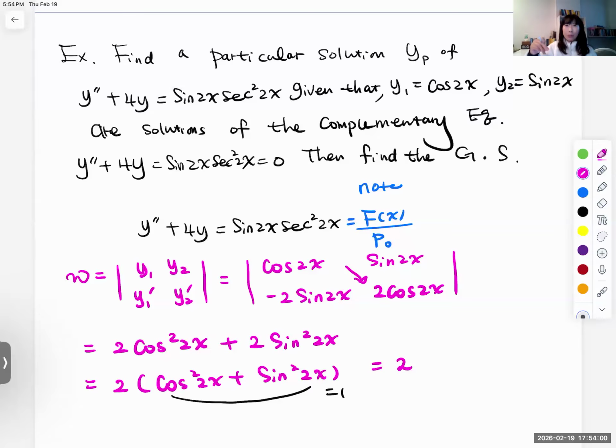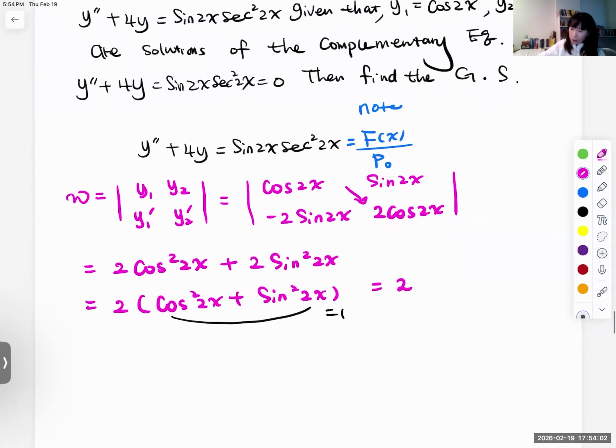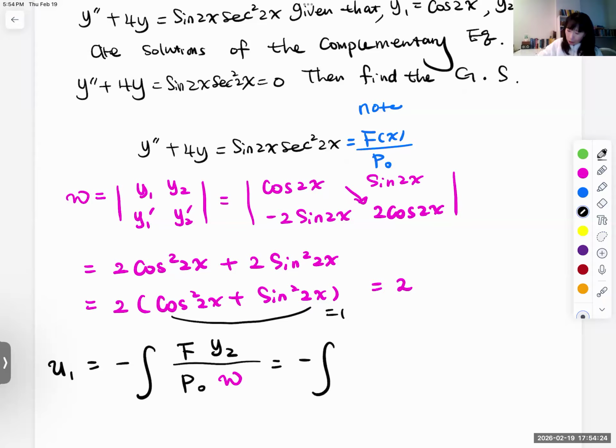All right. Now, u sub 1. Let me remember. So we have a negative integral of F over P naught, and then y sub 2, over the Wronskian, right? Okay, so there will be negative. We can use the sine 2x secant square 2x. That is F over P naught.